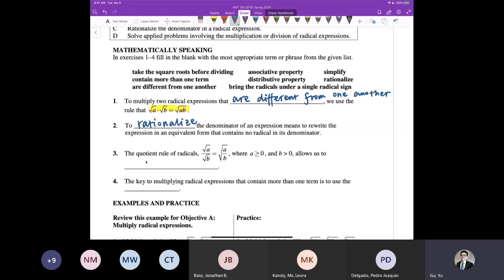Number 3, the quotient rule of radicals, radical A over radical B is radical A over B, where A is greater than or equal to 0, B greater than 0, allows us to bring the radicals under a single radical sign.